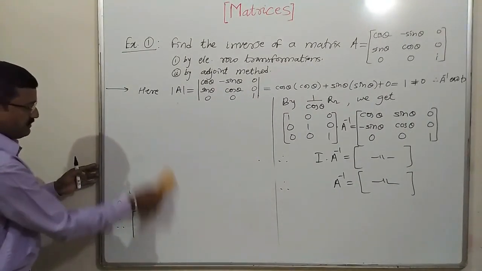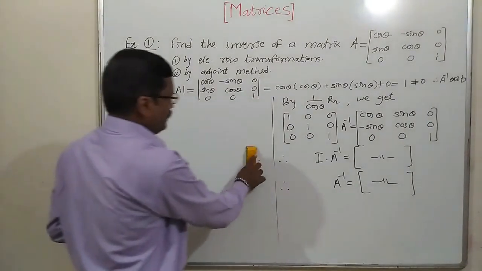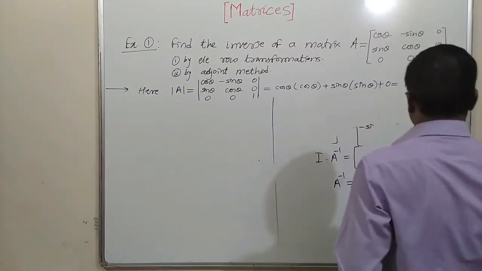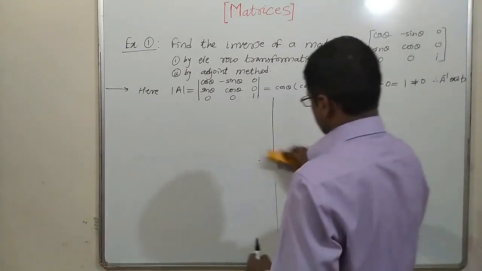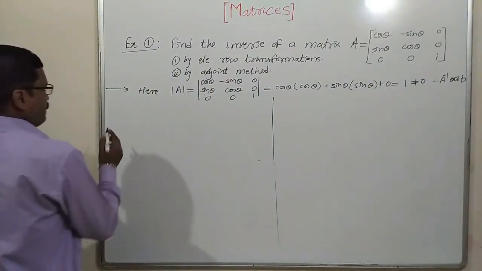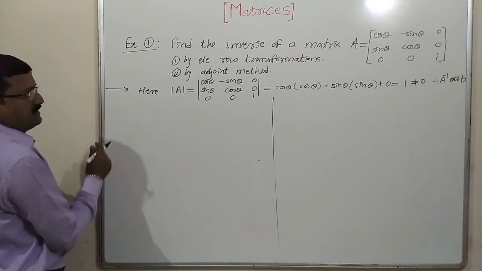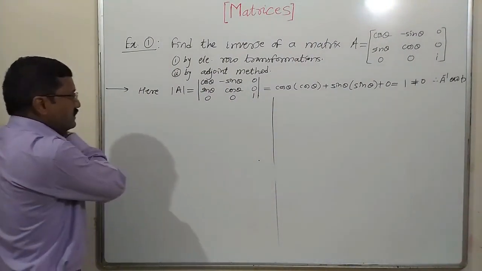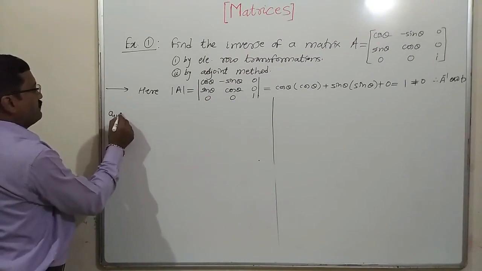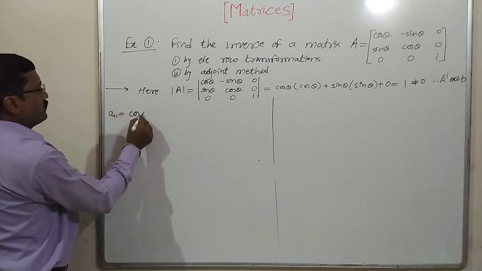So let us first find the minors of all elements. After that, cofactors. Your elements are, the first element is A11, that is equal to cos theta.